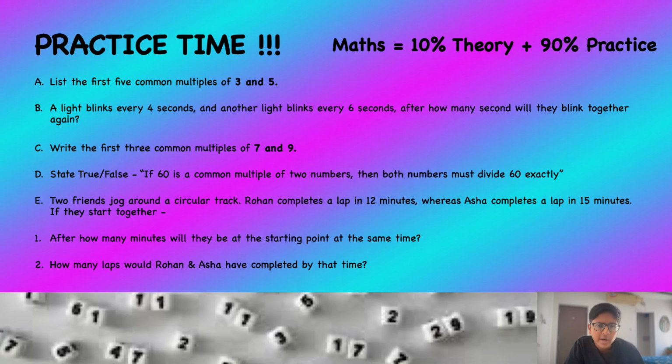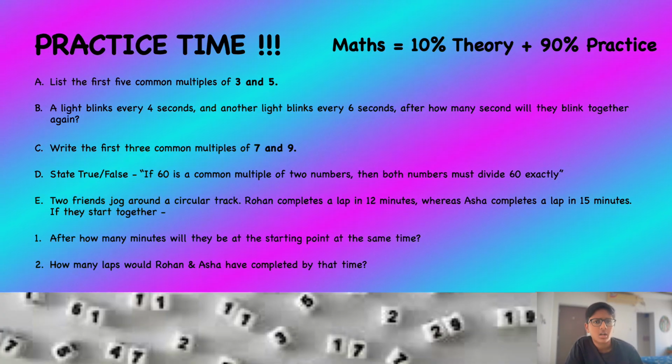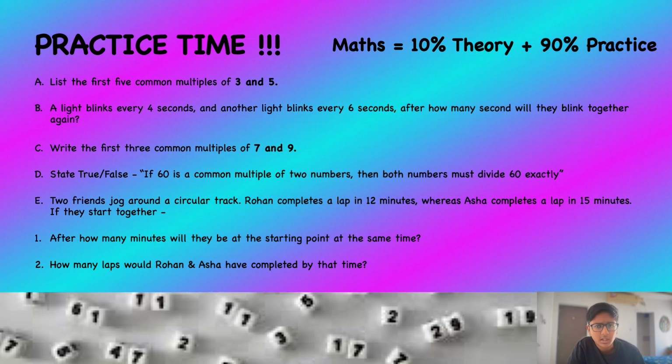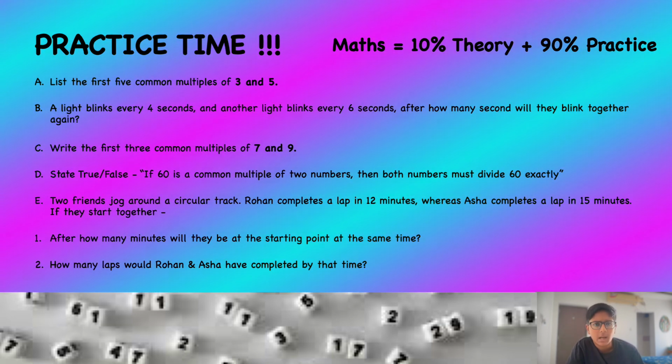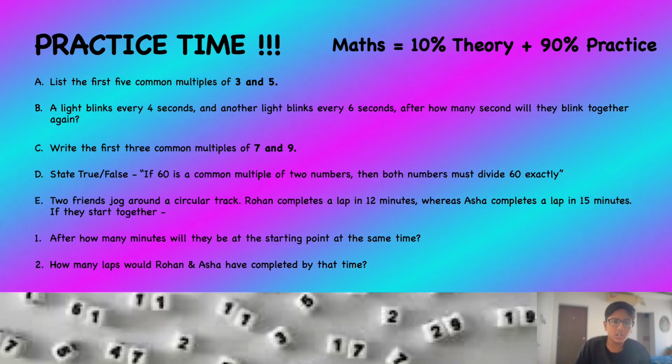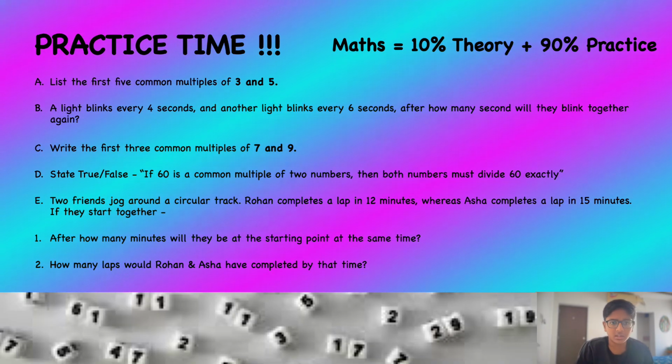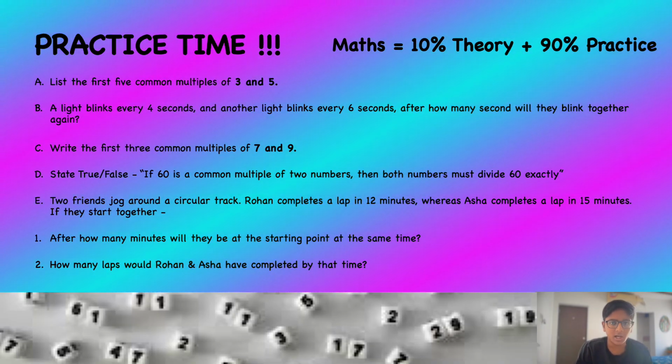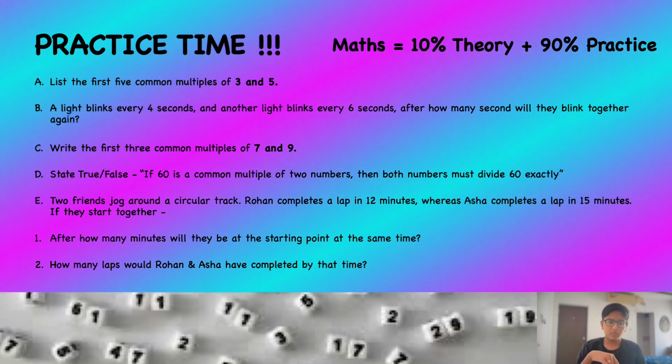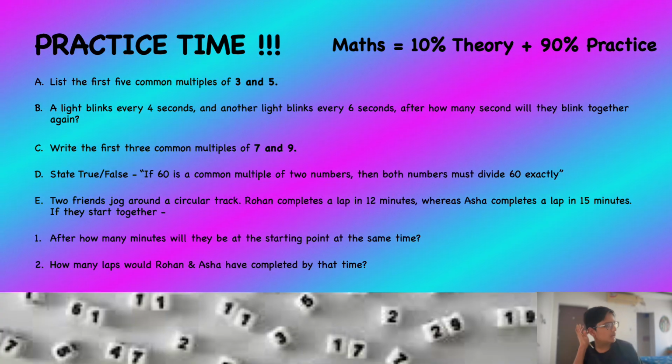Next, two friends jog around a circular track. Rohan completes a lap in 12 minutes, whereas Asha completes a lap in 15 minutes. If they start together, after how many minutes will they be at the starting point at the same time?